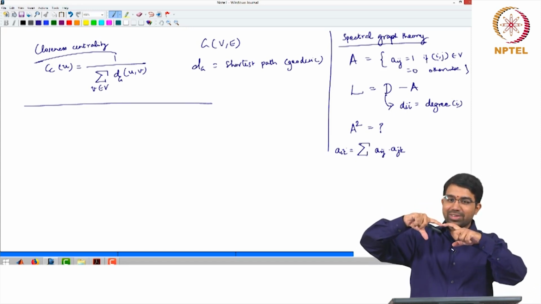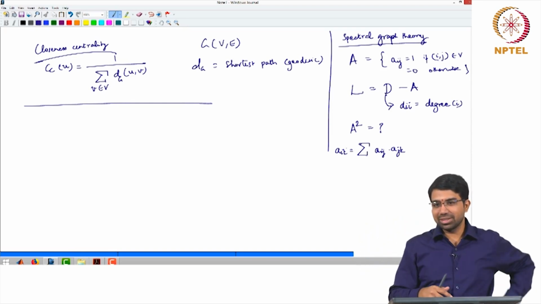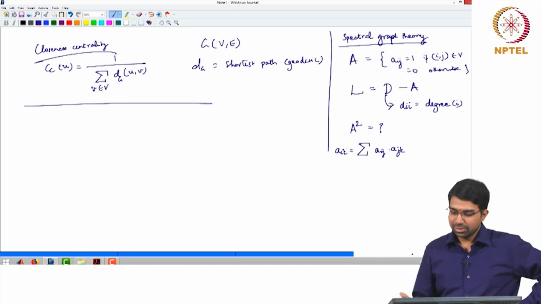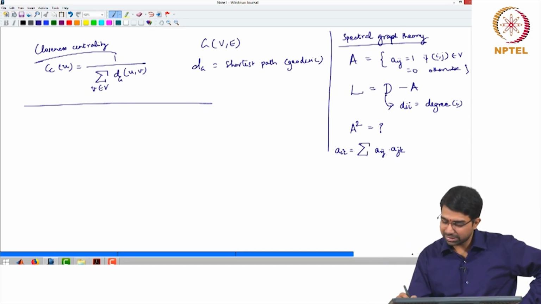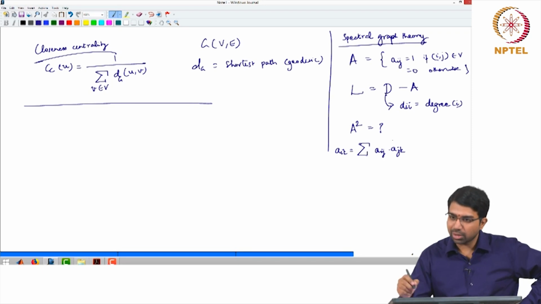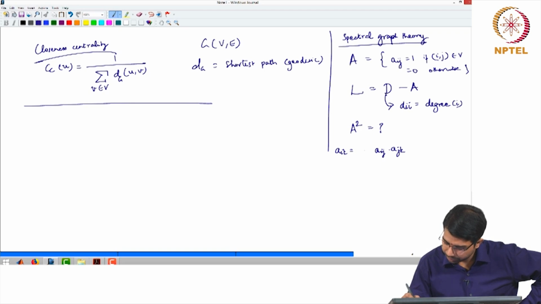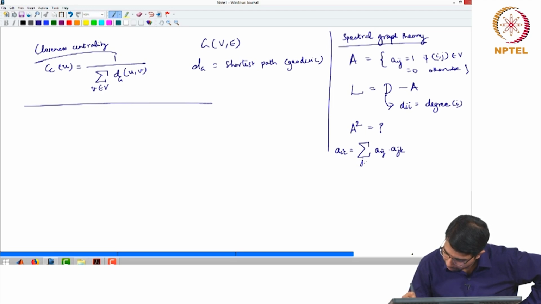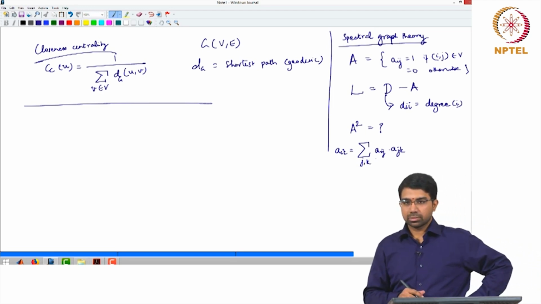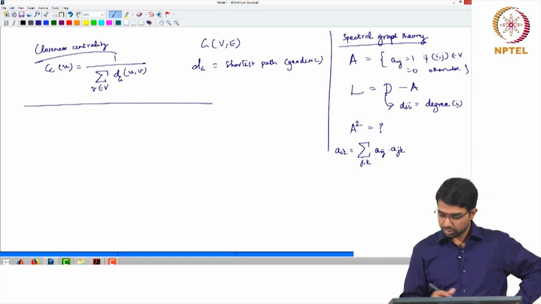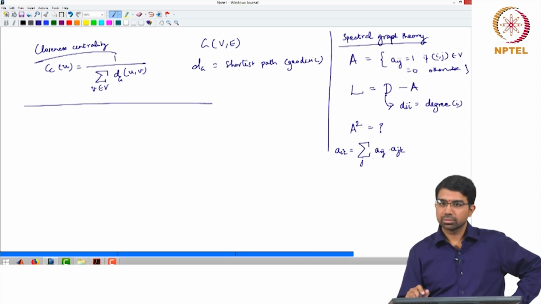So two ways of getting there. Just look at it closely, you will be able to see that. The ikth element is going to be given by sigma aij ajk. How is the k summed over? Sorry, not k, it is just j.